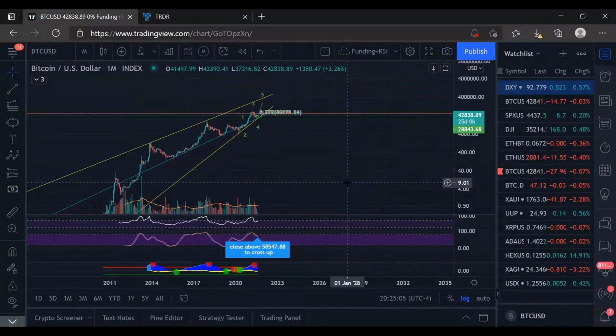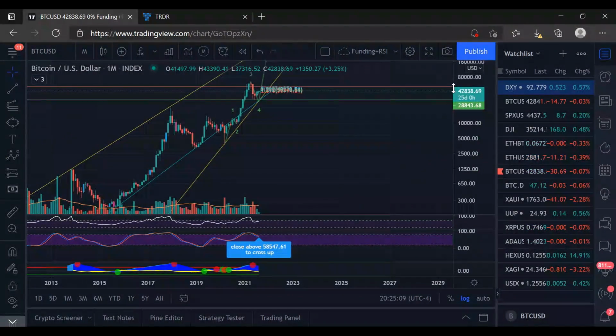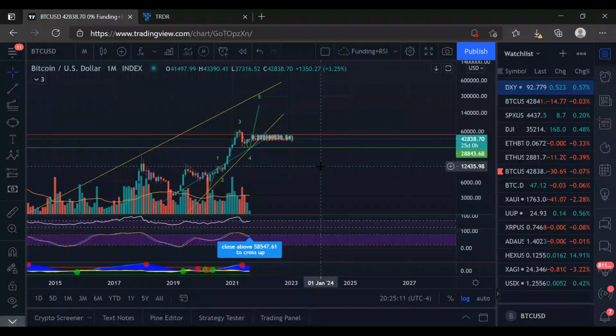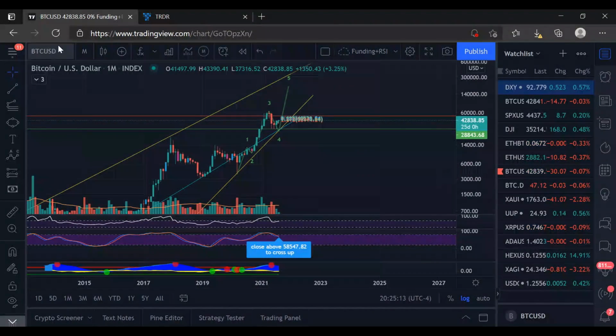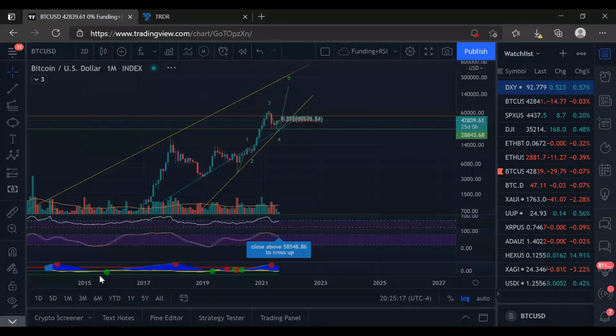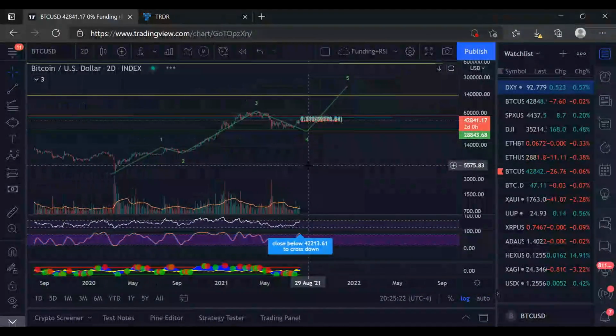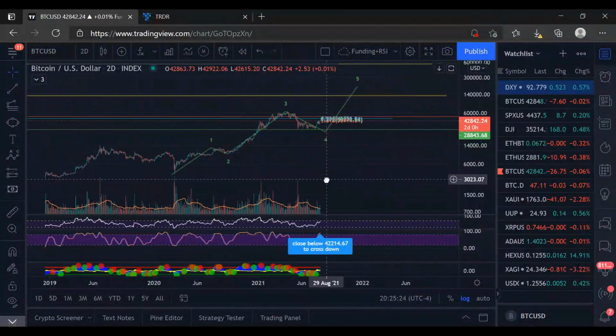No, this isn't the one. It's sort of the one. Monthly chart. I think I did this on the 2-day. If you guys want to see some cool macro tricks that I've been playing with.